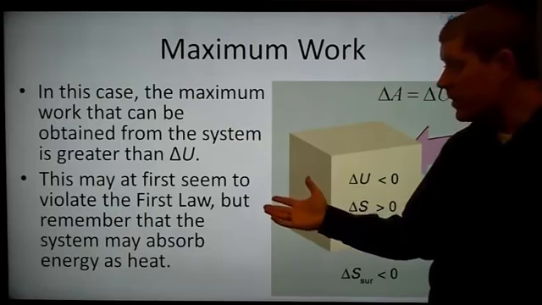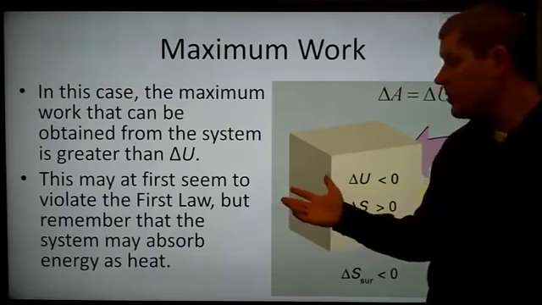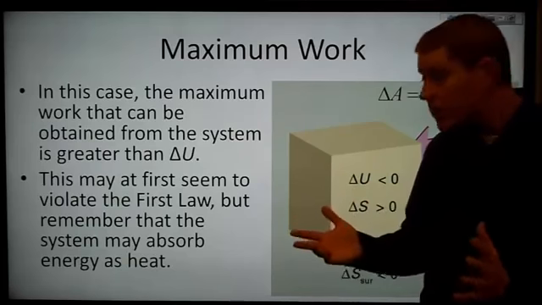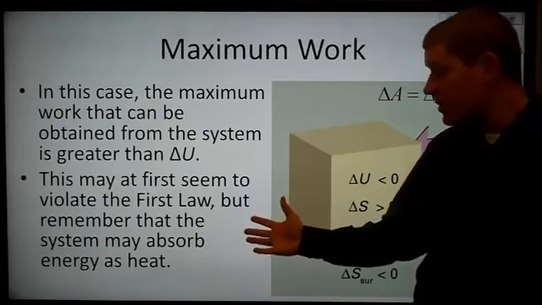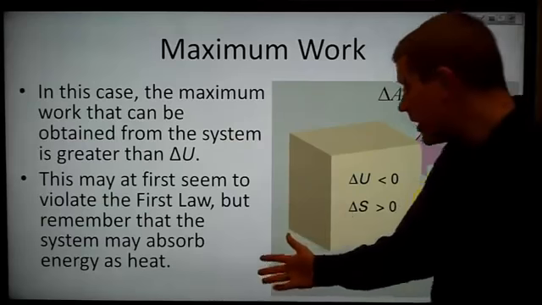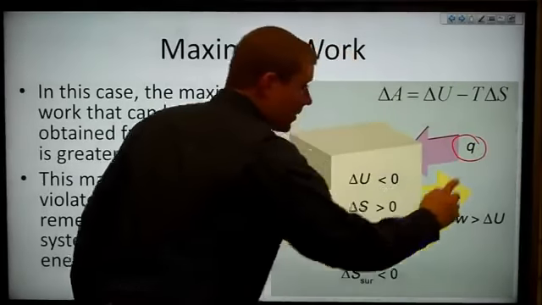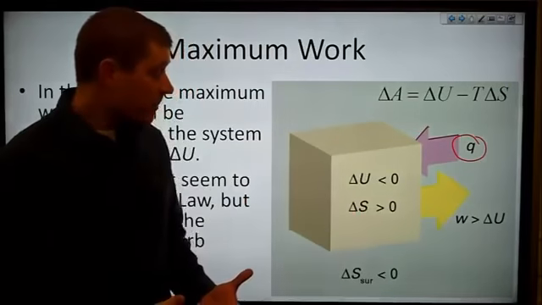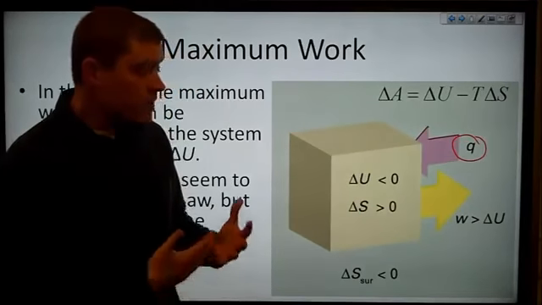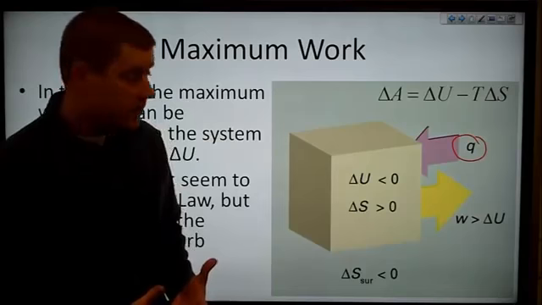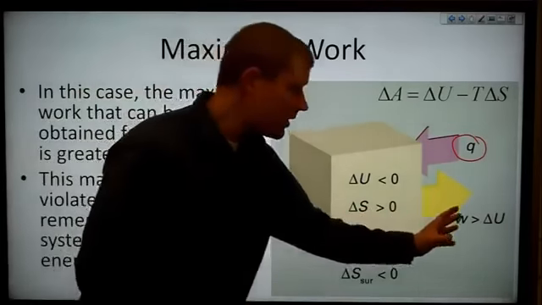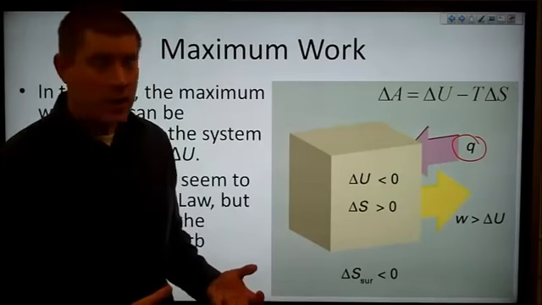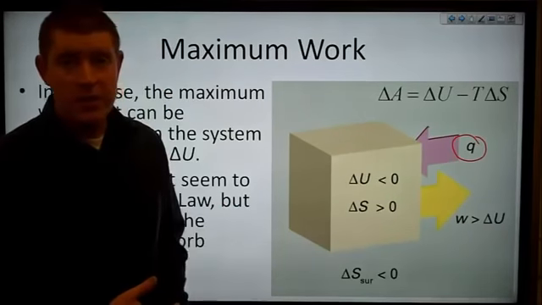And remember, this might at first seem to violate the first law, that we can't change the internal energy of the universe. But remember that the system can absorb energy as heat, and so that's what's happening here. Right? Energy is leaving the surroundings and entering the system as heat, and that's where this extra bit of work can be done from, is that we're pulling energy out of the surroundings and putting it into the system.